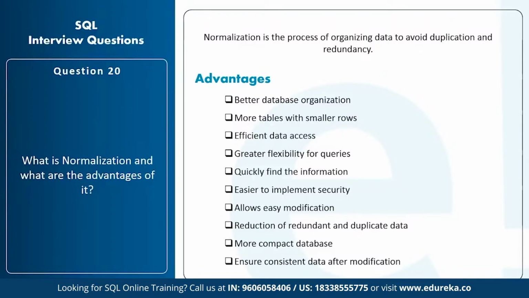Now the advantages of normalization are, as you can see on the screen: better database organization, more tables with smaller rows, efficient data access, greater flexibility for queries, quickly finds the information, easier to implement security, allows easy modification, reduction of redundant and duplicate data, a more compact database, and ensures consistent data after modification. So guys, these are a few advantages of normalization.